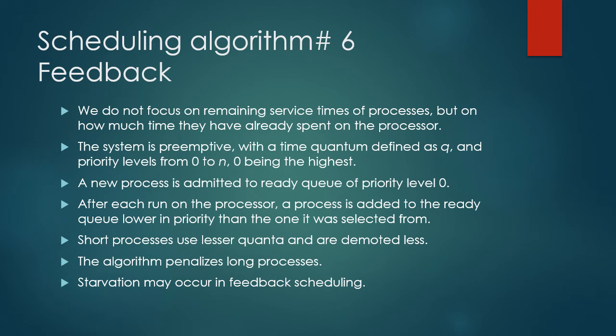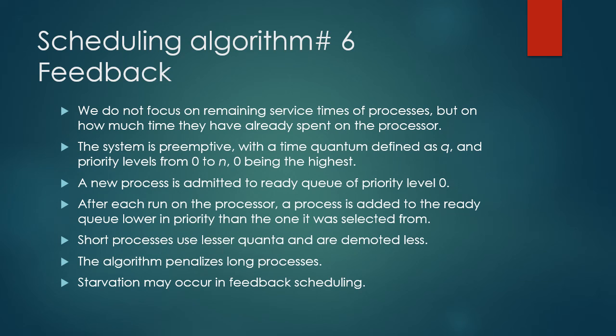A new process is admitted to ready queue of priority level 0. After a process has run once on the processor, it is placed at the end of ready queue of priority level 1. The process has been demoted. After each run on the processor, a process is added to the ready queue lower in priority than the one it was selected from.